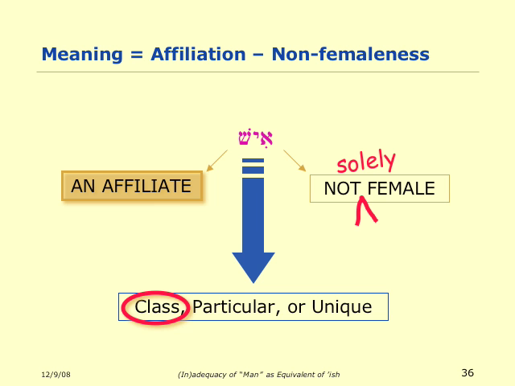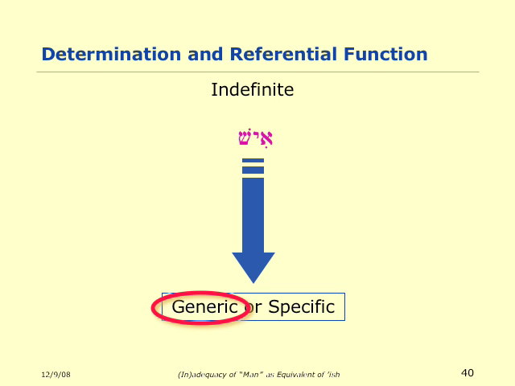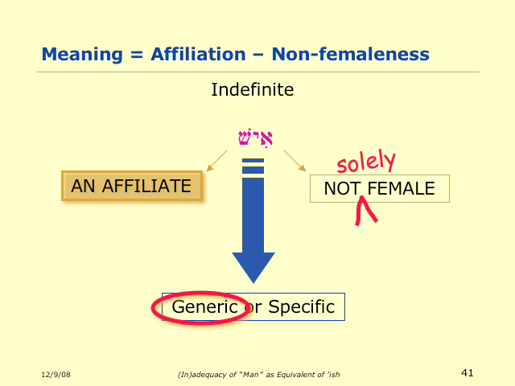Not only are men in view, but also women are in view by default. Similarly, if the noun is indefinite and its reference is to a genus rather than to a specific member of a genus, then the social gender of the party being referred to remains relatively unspecified, grammatically speaking, and again, women are in view by default.